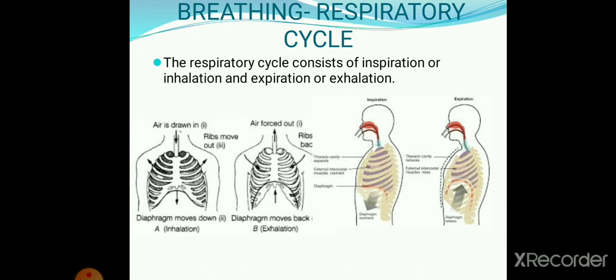This results in the relaxation of the diaphragm, which moves upward to its dome-like shape, thereby decreasing the size of the thoracic cavity, and the pressure in the thoracic cavity and lungs increases, forcing the air to move out of the body. So in this way, we take in air and give out air from the body.